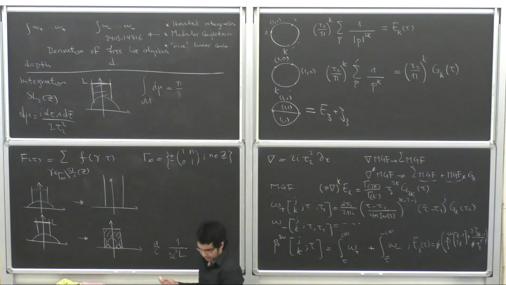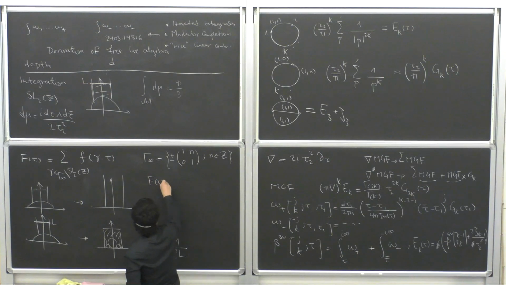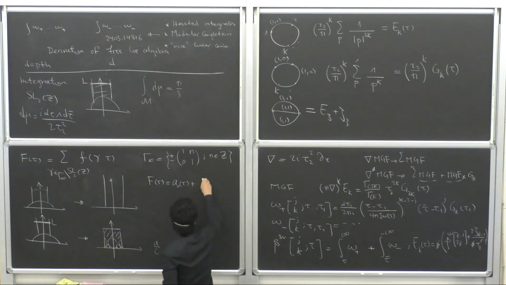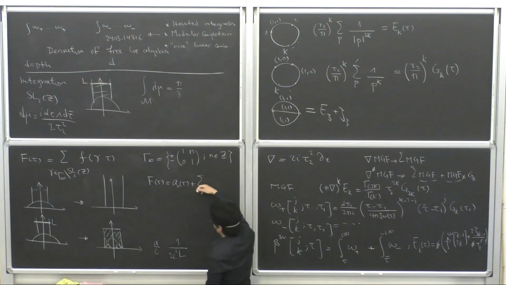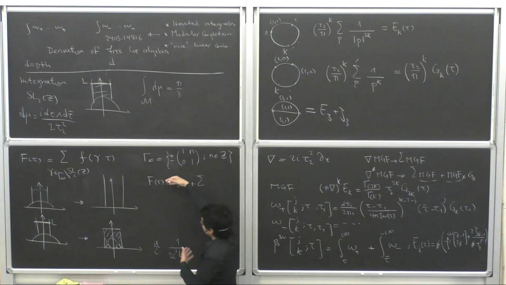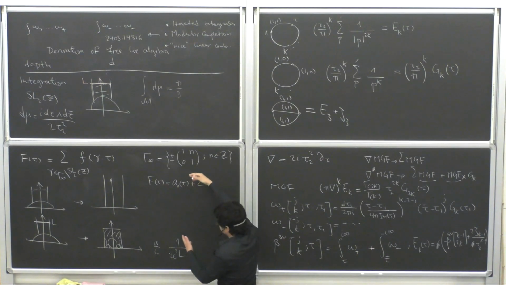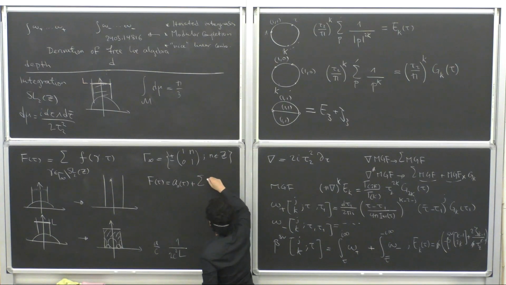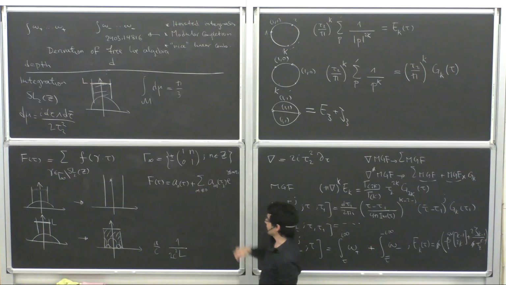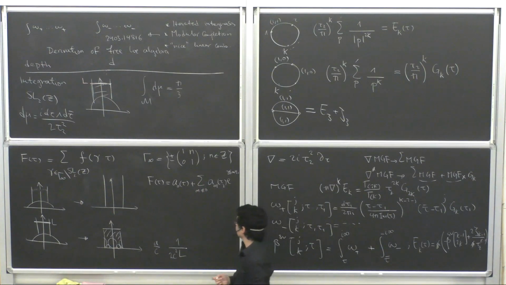So okay, what happens if you do that? Let's assume that I can write f of tau as a zero mode. So I write the Fourier expansion of f, tau 2. Let's assume I can write it like this.